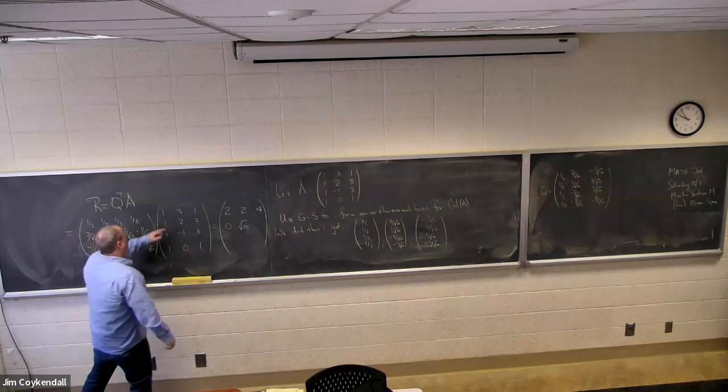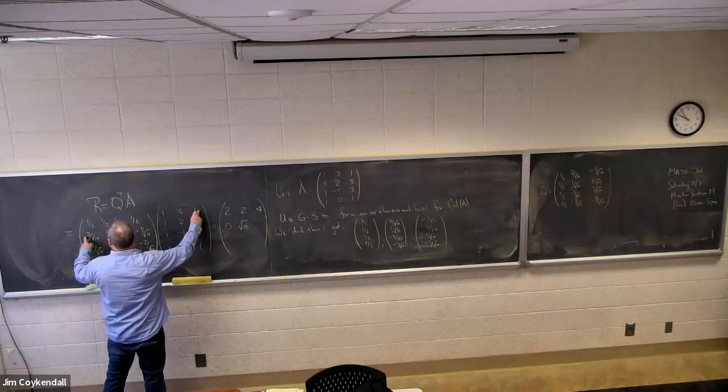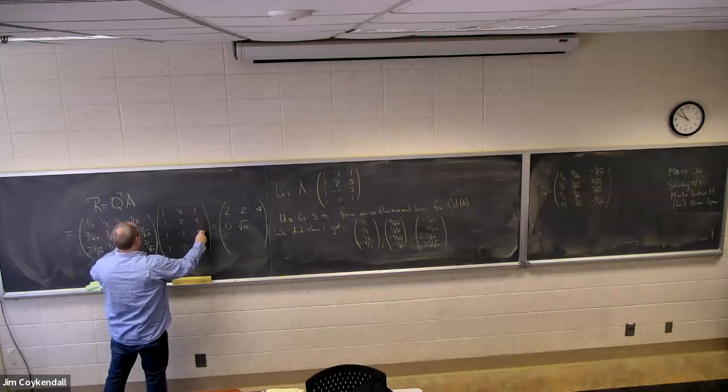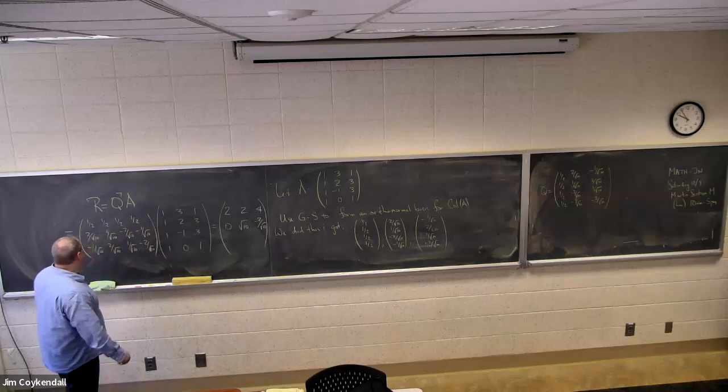And finally, this row times this column: that's going to be 2 and 3 is 5, minus 6 is -1, negative another 1, so minus 2 over radical 10. Finally, the first 2 should be 0 this time.